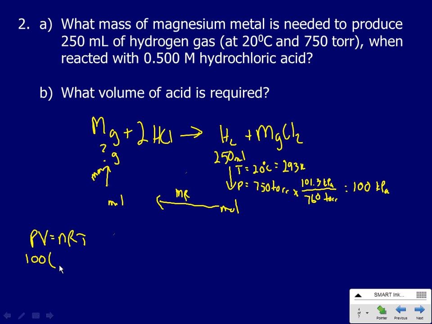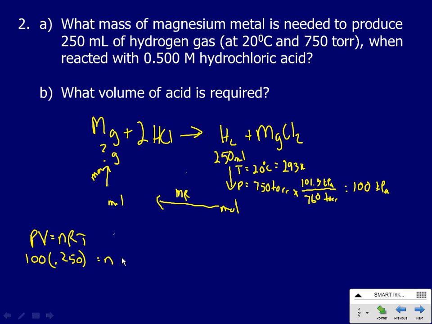Actually, if you didn't put in liters, you'd end up again with millimoles, right? If you had milliliters, you're going to end up with a unit of millimoles again. We better keep it just in moles because we're not going to be using a solution. But if you left milliliters, you end up with millimoles, just like we did with solutions. So we better put in our 0.250.